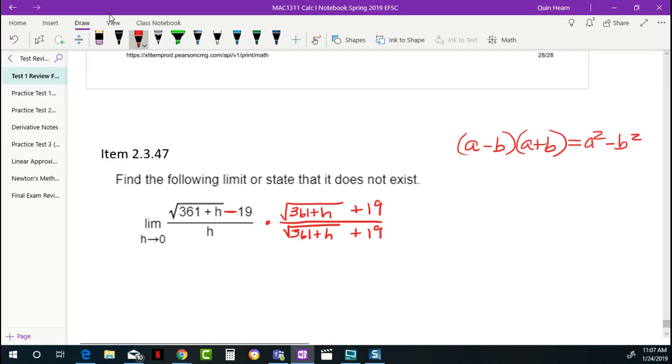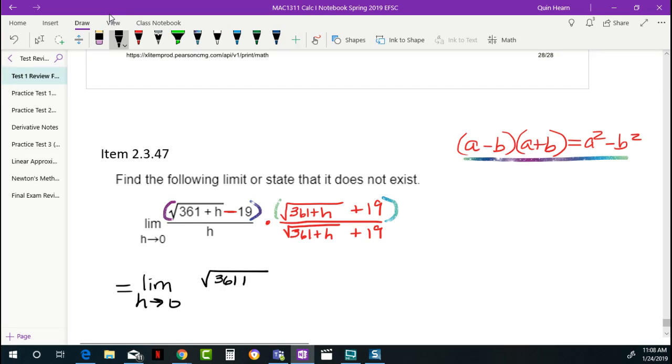Now when we multiply these two numerators together, it's going to fit this pattern. So we're going to get this equal to the limit as h goes to 0 of the square root of 361 plus h, squared, minus 19 squared.